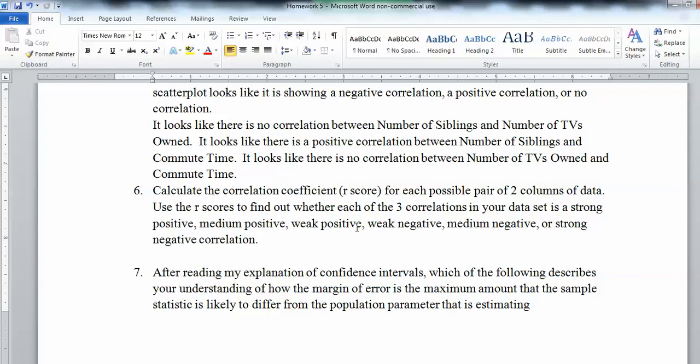This one asks, is each one a strong negative, medium negative? Remember how in class we were talking about the rule where you have 0 to 0.4 and 0.4 to 0.7.